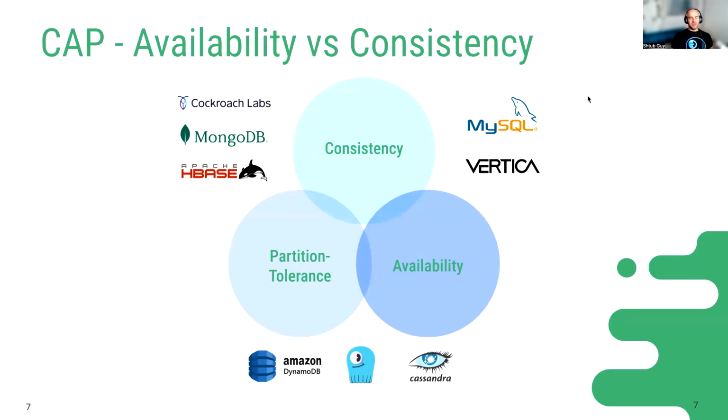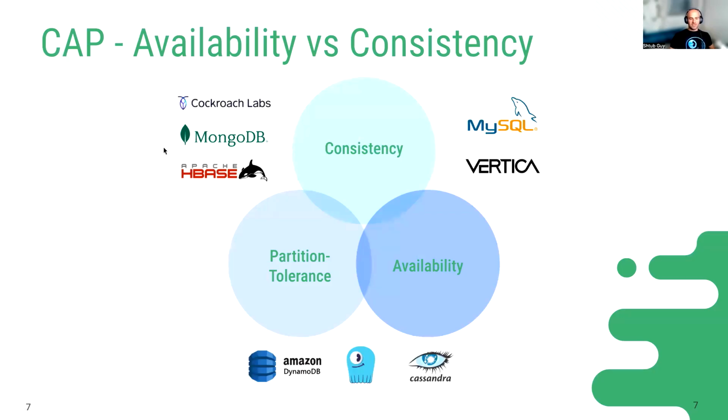Availability means that our system will be up and running and serving requests at all time. And partition tolerance talks about what happens when there's a network failure and nodes cannot communicate with each other in a distributed system.